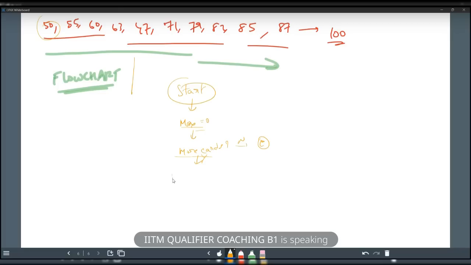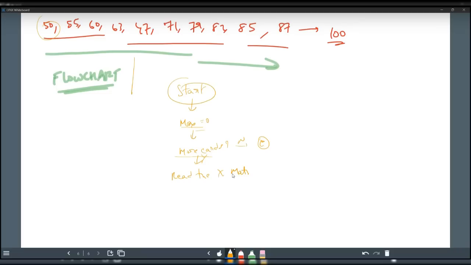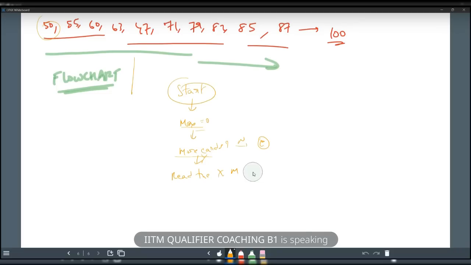If there are more cards, what do we do here? We read x dot math, as we are concerned only with mathematics scores, we read the math score here.